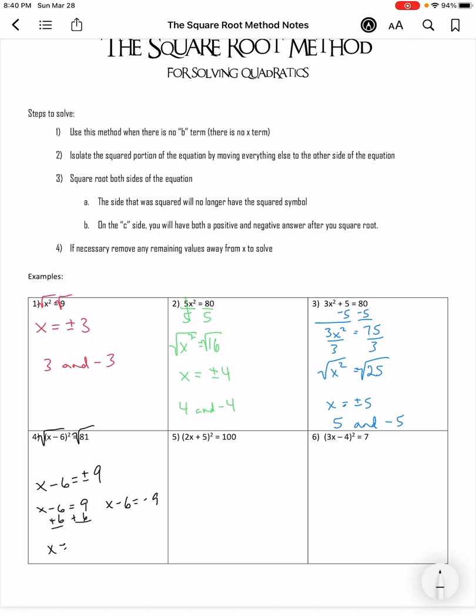Over here we have x equal to 15. Over here I'm going to add 6, and so x equals negative 3, because negative 9 plus 6 equals negative 3. So in this case, our solutions are 15 and negative 3.